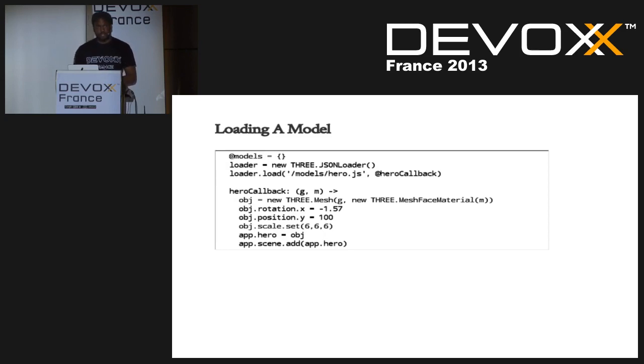You load a model using JSONLoader, and it comes with one function, just load, which takes the URL and a function for the callback. When that callback is executed, it passes you the geometry and the materials that have been loaded from that file. So we can see with this one, we are creating a mesh, rotating it a bit on the x-axis, moving it on the y-axis, and scaling it. And then lastly, adding it to the scene.